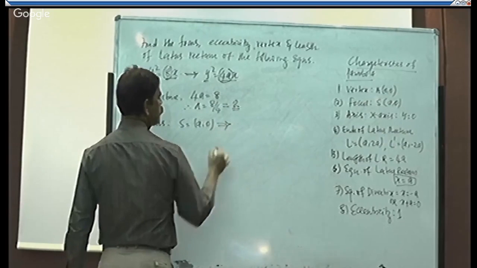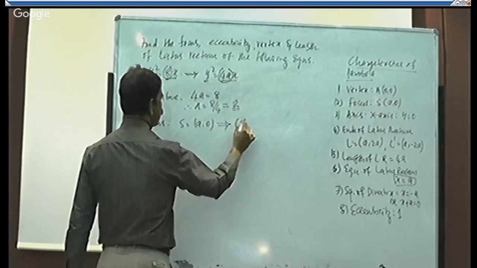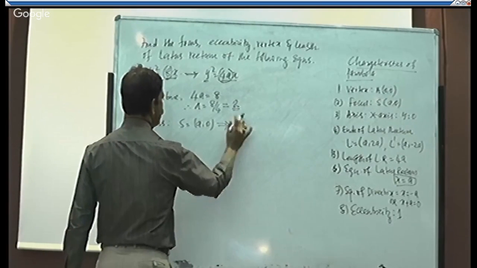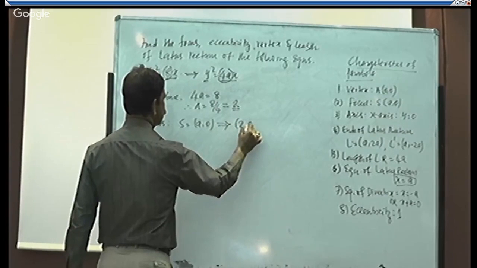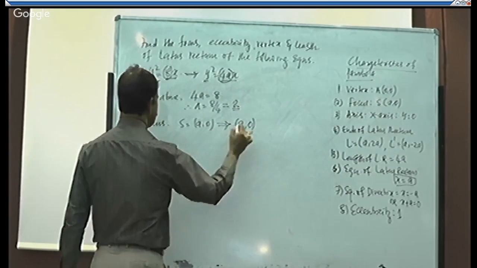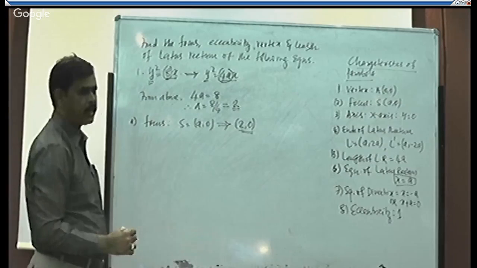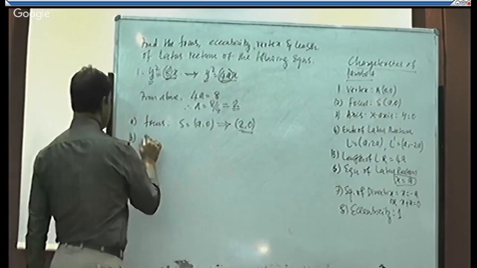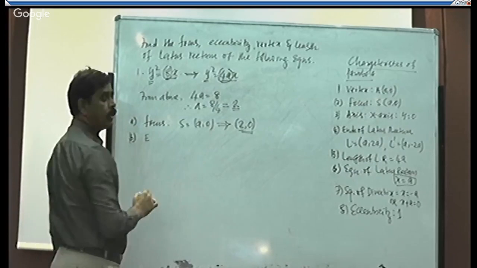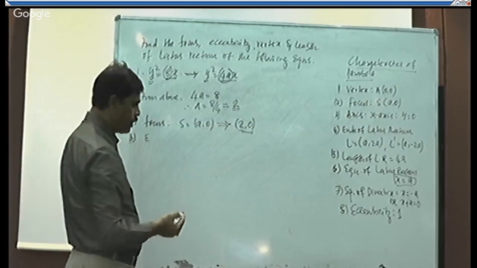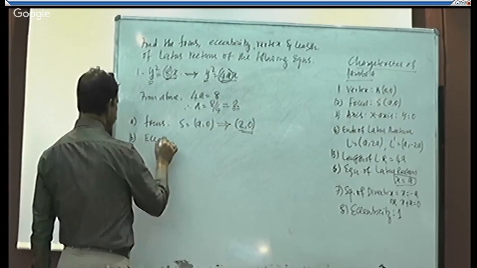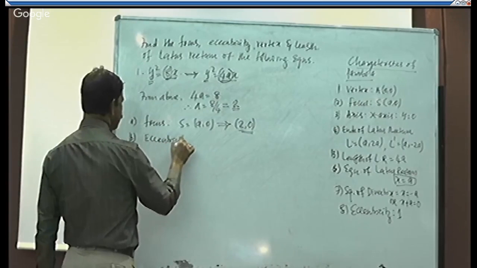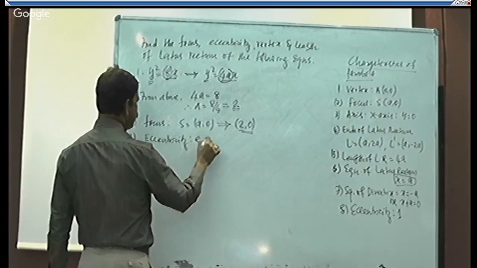Therefore, the answer, with a equal to 2, is (2, 0), the focus. Second one, eccentricity. It need not be calculated. It is fixed, it is always constant. Eccentricity of parabola is always 1.